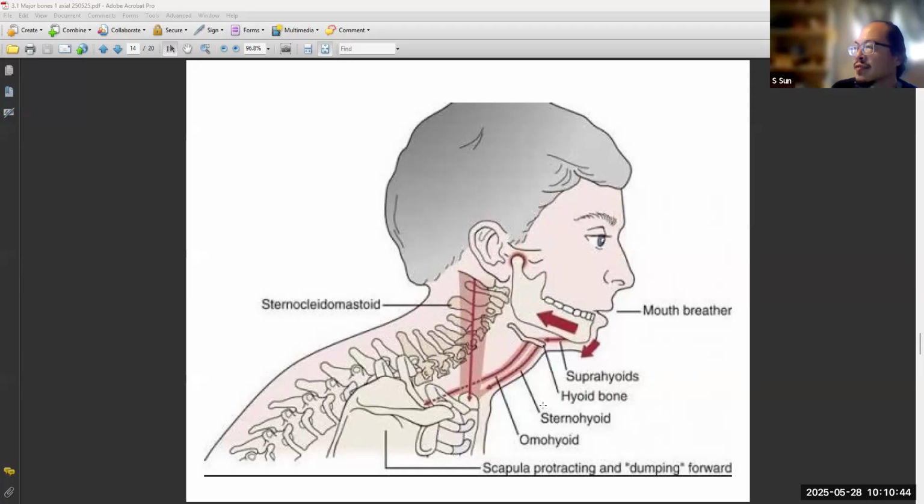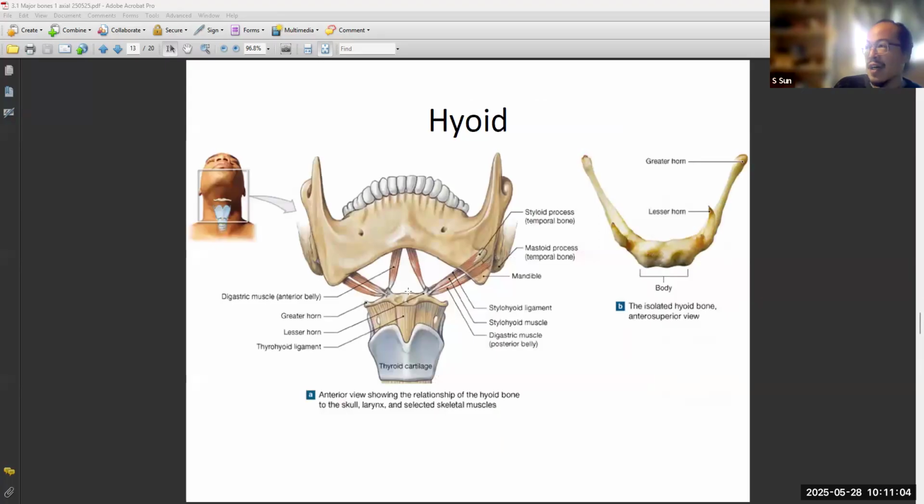Yeah. So this one shows you the muscles attached to it, stylohyoid, sternohyoid, connecting to the sternum. Stylo is right here. This one is the suprahyoid. So suprahyoids basically are all these. These are suprahyoid muscles.